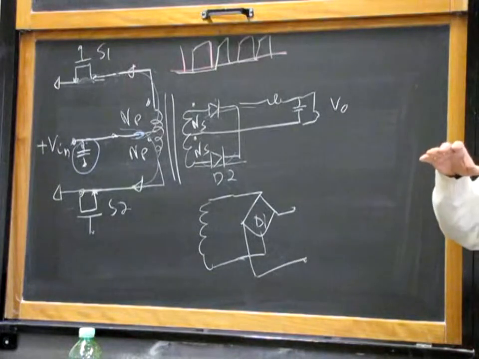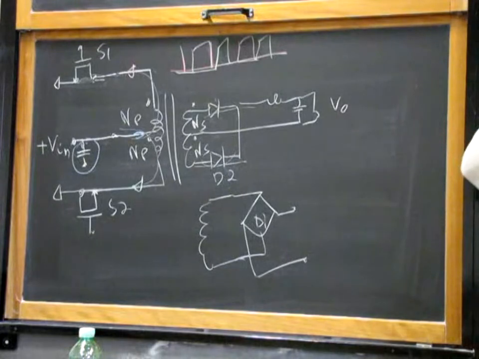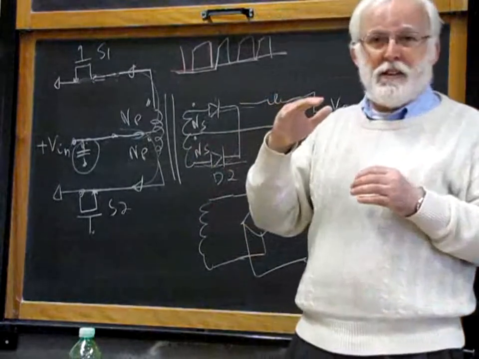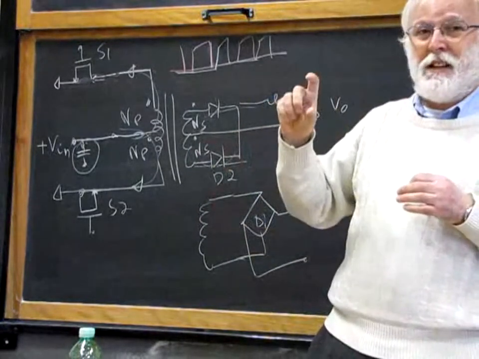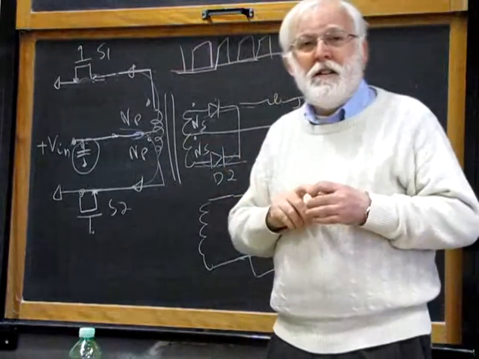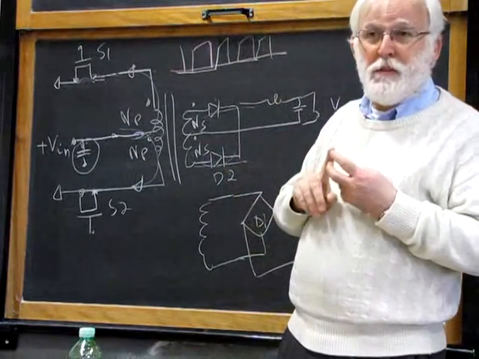So if you have a magnetizing current running away, it will add to one pulse and subtract from the other pulse. And so one pulse will be narrowed and the other pulse will be enlarged. And so the magnetizing current is kept centered around the zero area. One of these two methods has to be used.